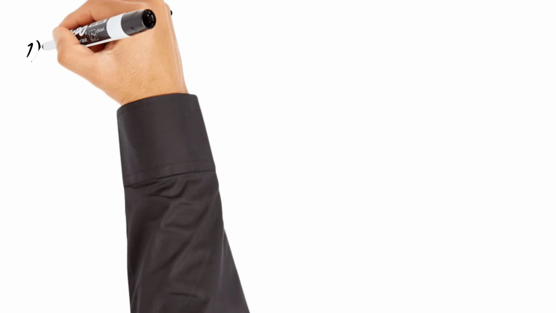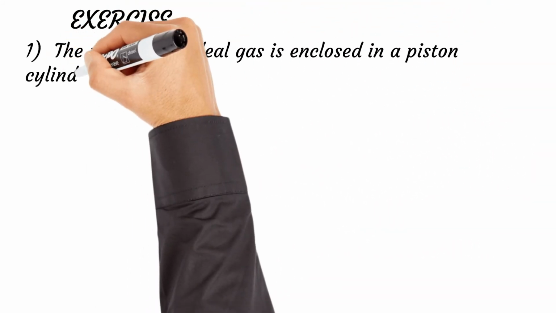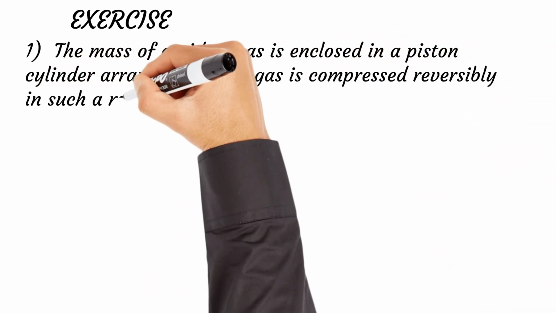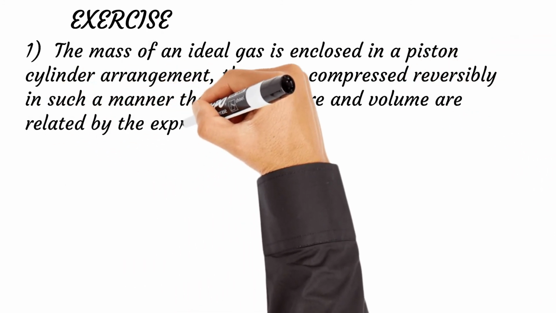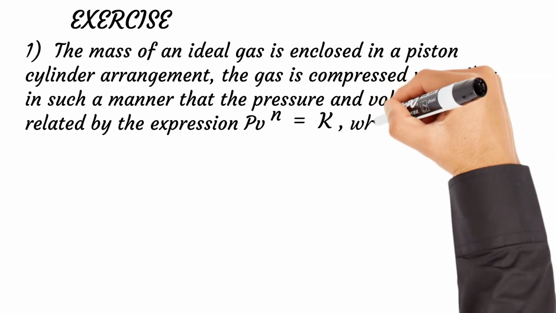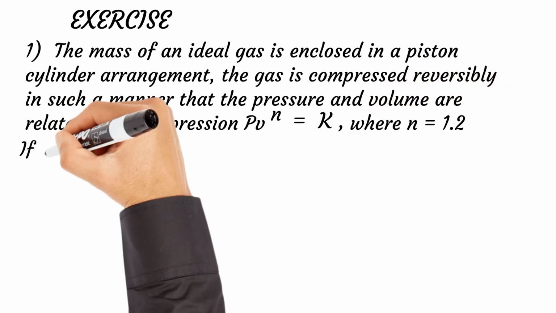Exercise. You're going to do the following exercise. Take time, study the example again and again, understand it properly, and then you can do the exercise for better understanding. Is that okay? In this exercise, you have a law PV raised to power n equals K, where n is equal to 1.2.